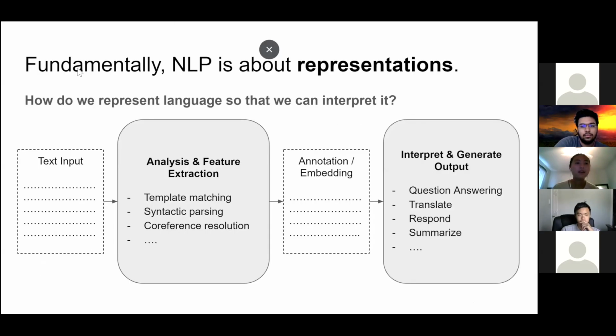Cool. Conceptually, when we're thinking about natural language processing, we want to be thinking about representations. And this is especially important if you come from a general machine learning or a general computer vision background, because vision is very nice because images are naturally represented as vectors, and they have absolute pixel values, right?